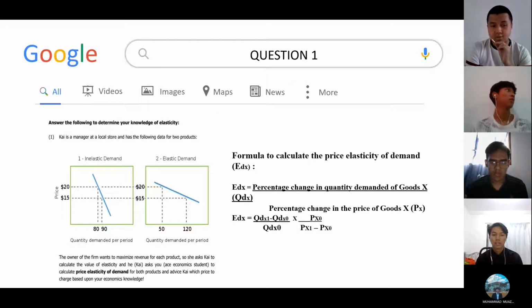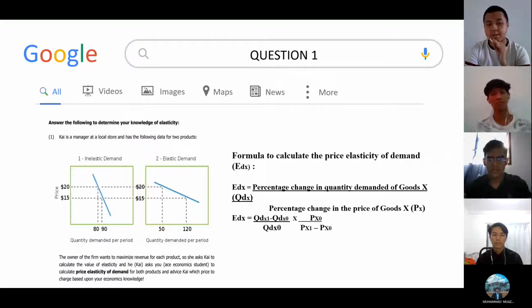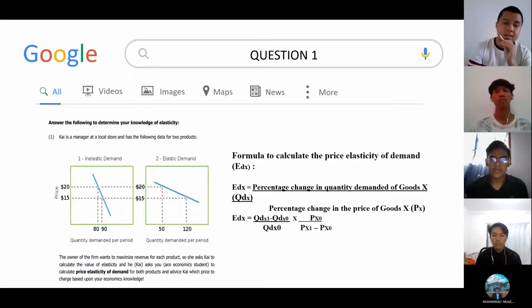So Kai asked us, as economics students, to calculate the price elasticity of demand for both products, and we need to give advice to Kai on which price to choose based on our economic knowledge.